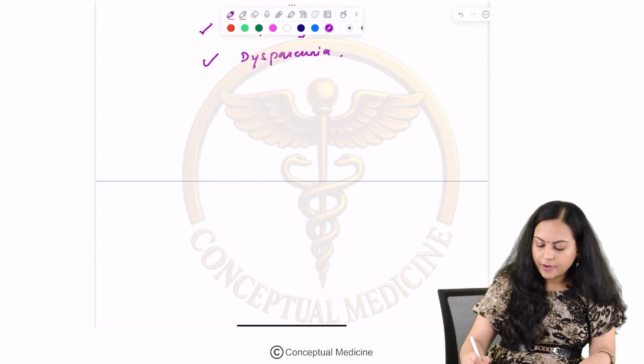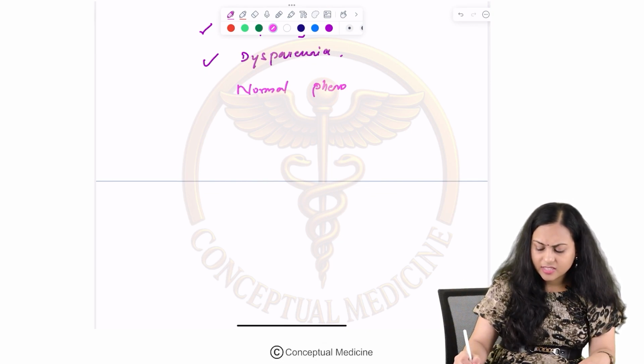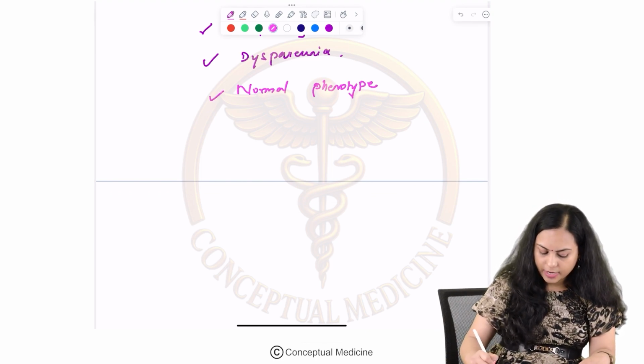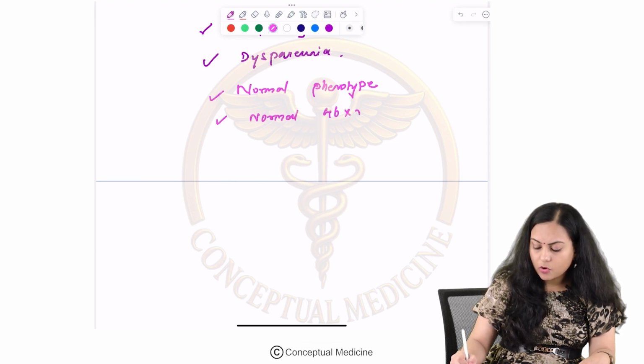So if we define, these women usually have a normal phenotype, that is, they exactly have the normal female features, okay, and even their karyotyping is also a normal female karyotype.